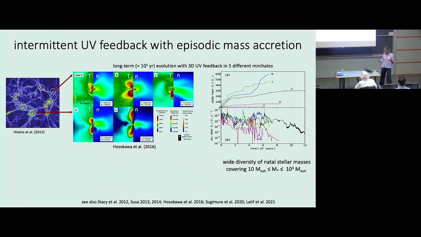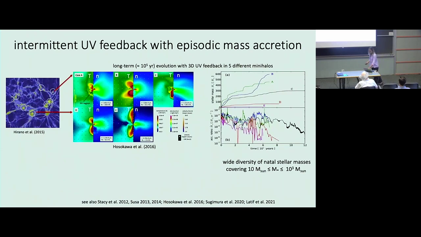Takashi Hosokawa addressed this by looking at several different minihalos with 3D radiation hydro simulations, and showed that indeed you can have a large variety of different accretion histories depending on the environmental conditions, with a final total stellar mass that ranges up to 10 to the 3 solar masses.